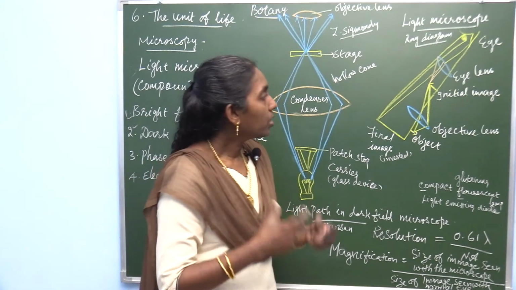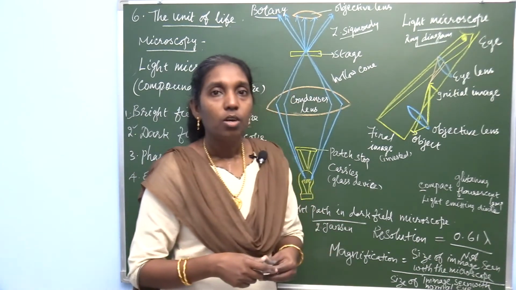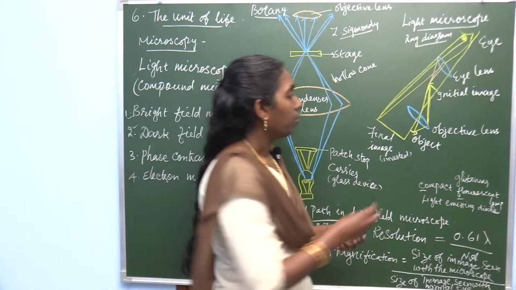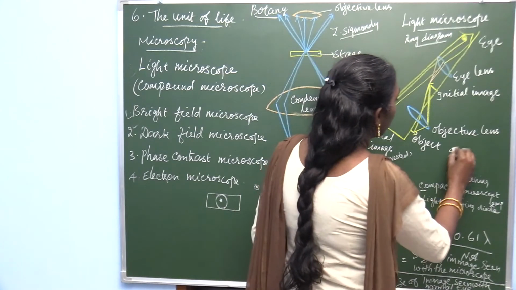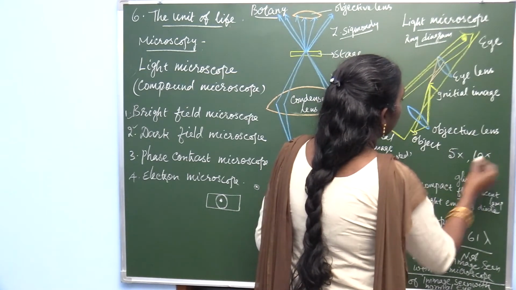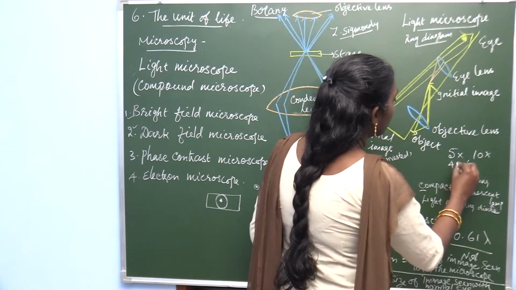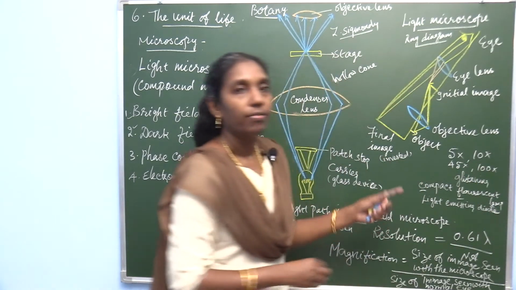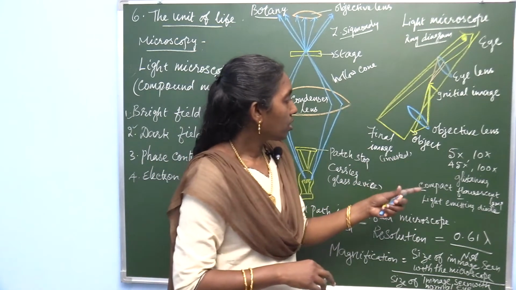In the objective lenses, there are 4 different types: 5x, 10x, 45x and 100x.